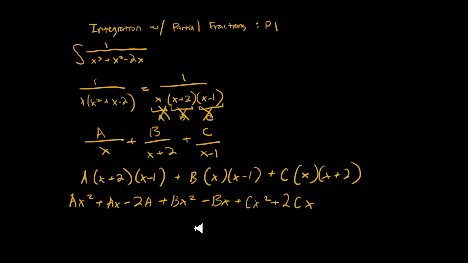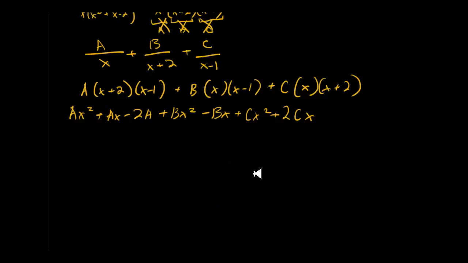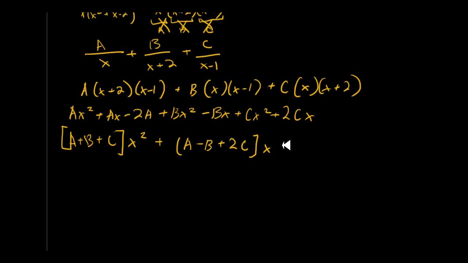Okay, and with the skill that I've taught you before in the previous partial fraction videos, you can just add up the terms with the same x to the same degree, which is to the second degree, plus a minus b plus 2c, x, minus 2a. So I just moved around the terms and factored out like terms.